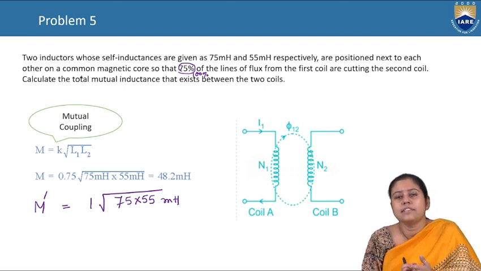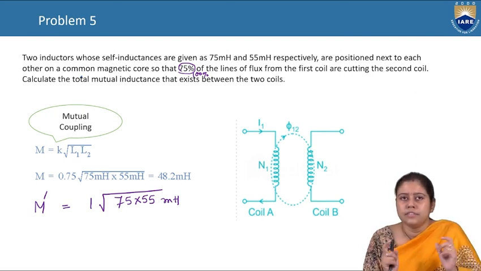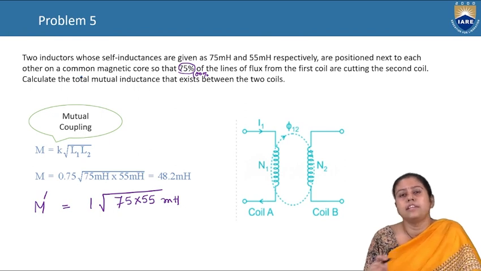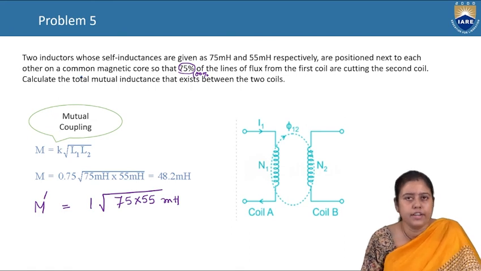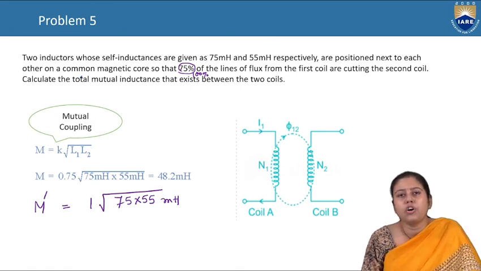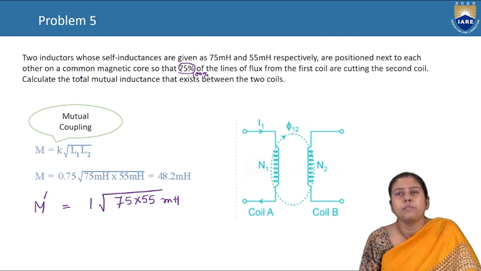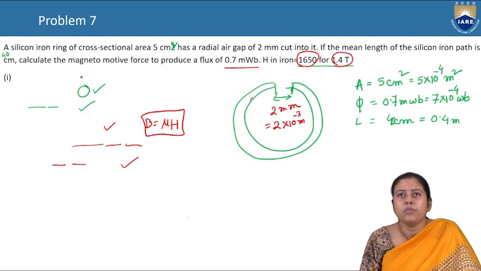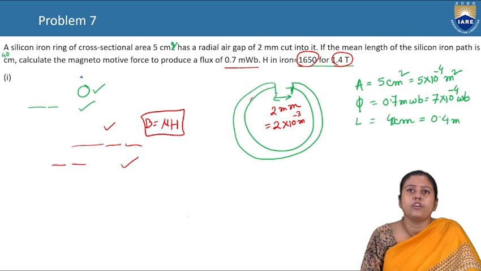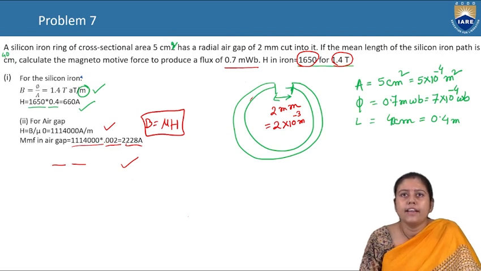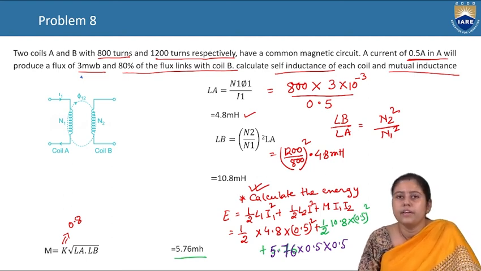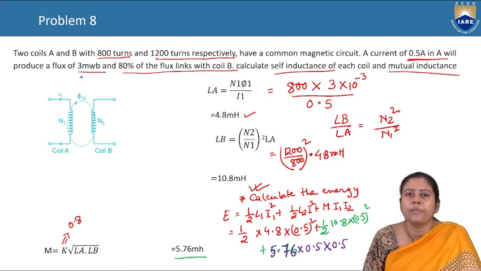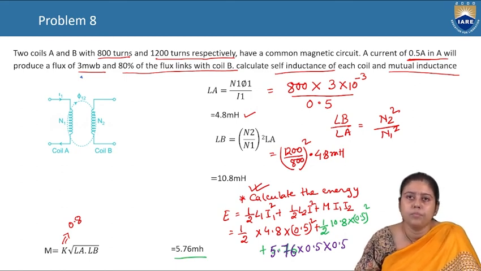Then we discussed a square-shaped cylinder, the problem of series connection of two inductors, the problems on toroid, the problems on mutual coupling, the problem of the toroid when it is cut, and the last problem on coils with some turns. So these are the important topics we have discussed in self-inductance and mutual inductance problems.